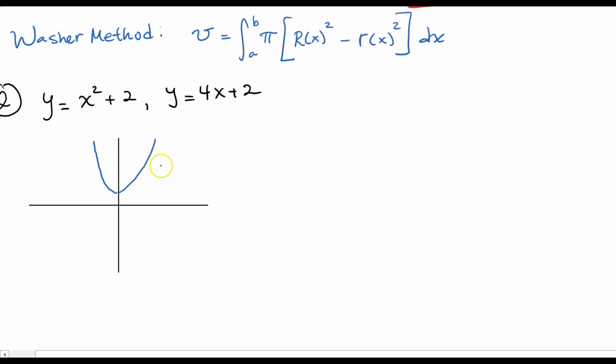And then the other graph is 4x plus 2, so it also cuts through that same spot. Okay, and actually I'm going to do a better job at graphing this. Let's pretend that it's really zoomed in. There's that one, and then I'm going to draw the other one in green. And let's say that it looks something like this.